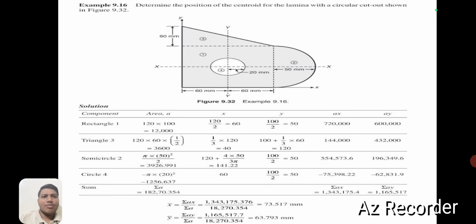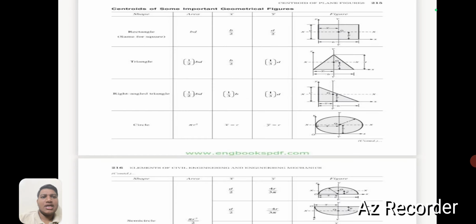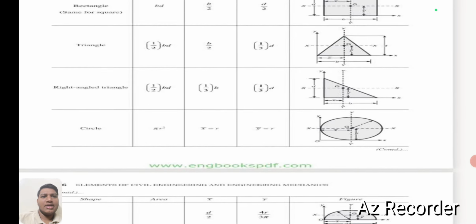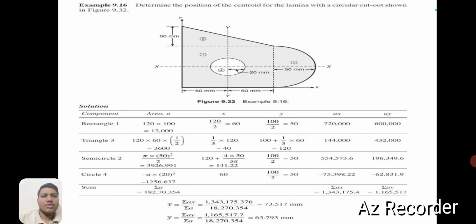Next we take the second component, a triangle. The area of the triangle is half into base into height, that is 1 divided by 2 into base 120, the same as the base of the rectangle, into height 60. Calculating that, we get 3600. To find x for the triangle, it is 1 by 3 into 120, which is 40.